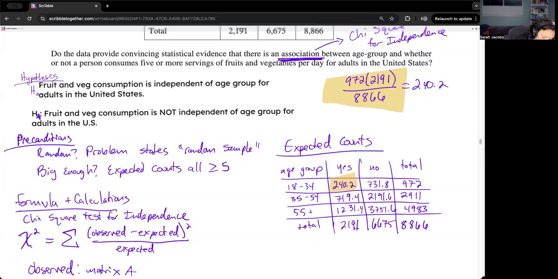I'm going to put in empty, and empty, you could also use values from your big enough check. And then you're going to calculate. Then we write down what we've got.